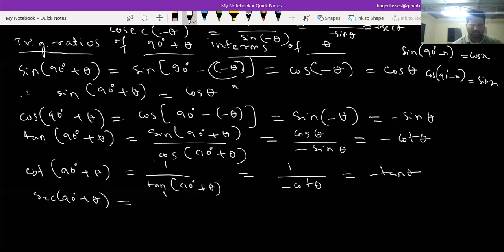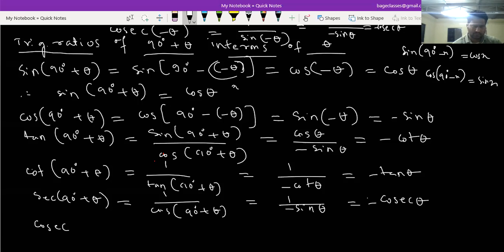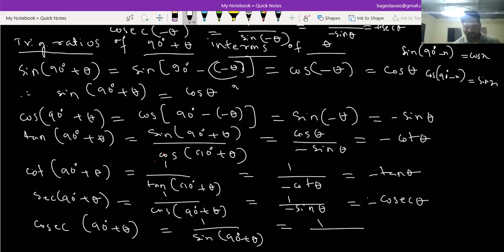Sec is the reciprocal of cos, 1 by cos 90 plus theta. Cos 90 plus theta is minus sin theta. So minus keep as it is, 1 by sin is cosec theta. Then like this, cosec 90 plus theta is equal to 1 by sin 90 plus theta. Sin 90 plus theta is your cos theta. So 1 by cos theta is equal to sec theta.